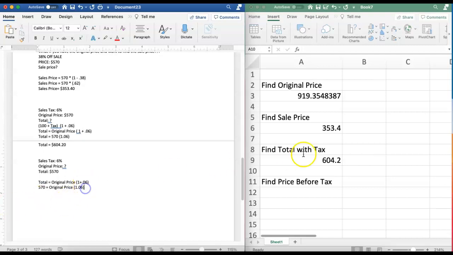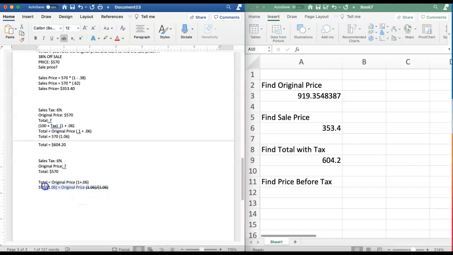Either way, to eliminate it from this side, I need to divide it out on both sides so that it solves for the original price over on this side. 1.06 divided by 1.06 is 1. 1 times the original price is the original price. So some people think of just canceling it out. I personally think of it that way because it's easier.